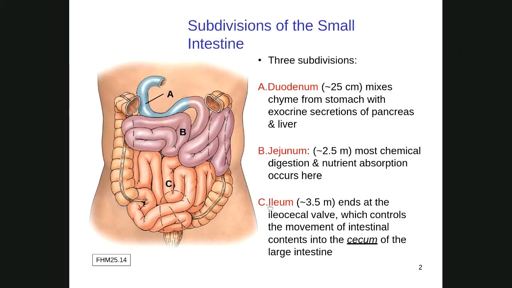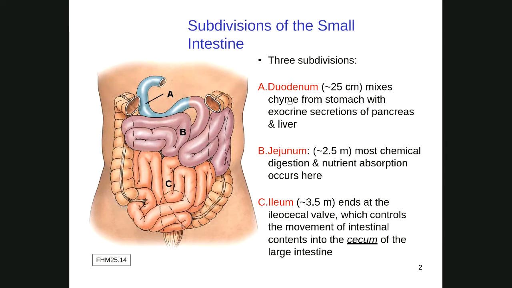Okay, so the duodenum is 25 centimeters in length, and in the duodenum the function is mainly digestion. So here in the duodenum, there is secretion of other digesting elements. The food or the chyme which has just been in the stomach is going to be further digested by more enzymes secreted from the duodenum.